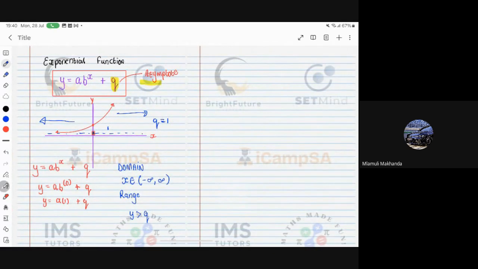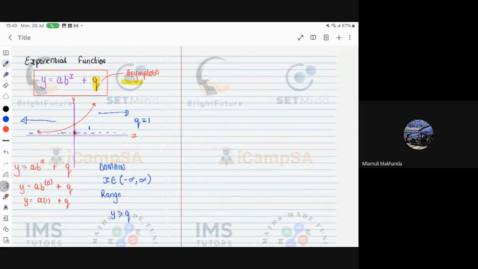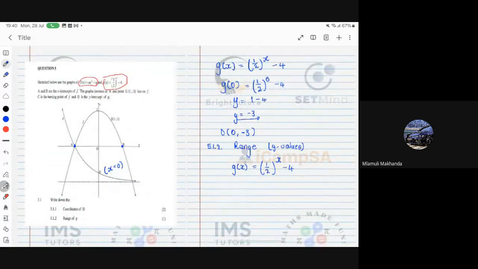It's the exponential function. Here is our q. Hence it's 1 mark, because we are supposed to do this by observation.